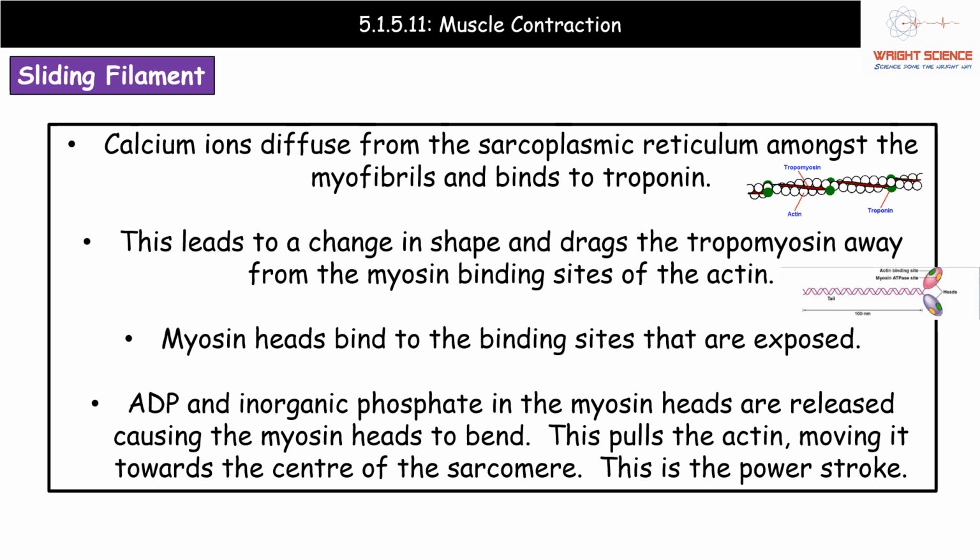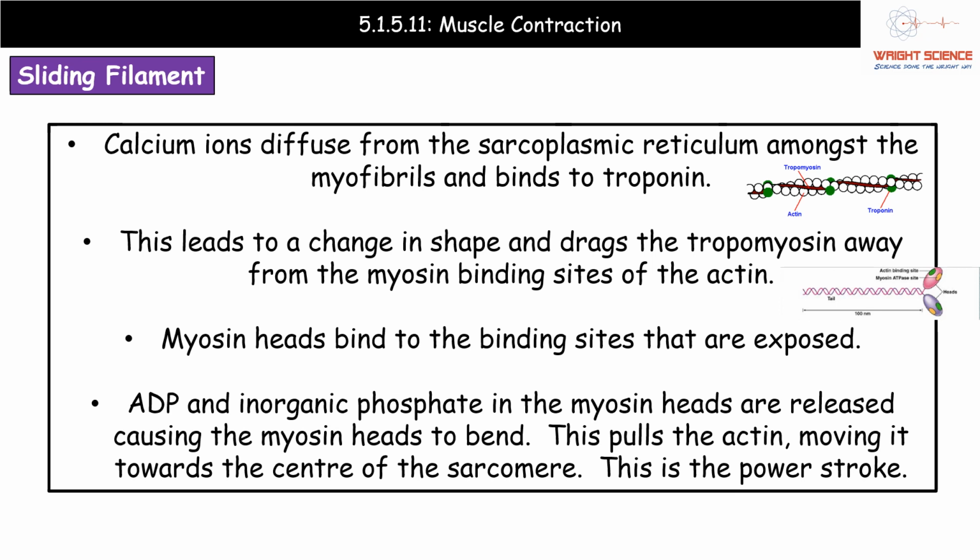When it does that, it pulls the tropomyosin, that reddy brown line we can see on the diagram, away from the myosin binding sites. So the myosin heads can then bind to the newly exposed myosin binding sites. Now we've formed a cross-link between our myosin and our actin.